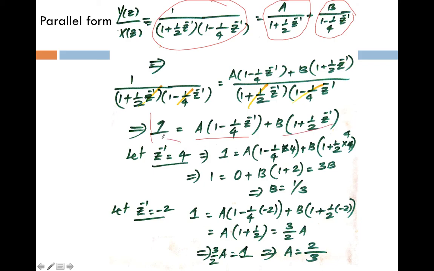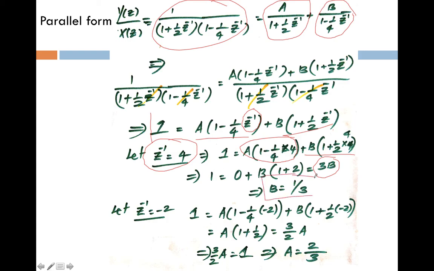Now I am going to consider z^-1 = 4. When I substitute z^-1 = 4, the first term will become 0, and I will get some value for the second one, that is 3B. So 3B = 1 and B = 1/3.